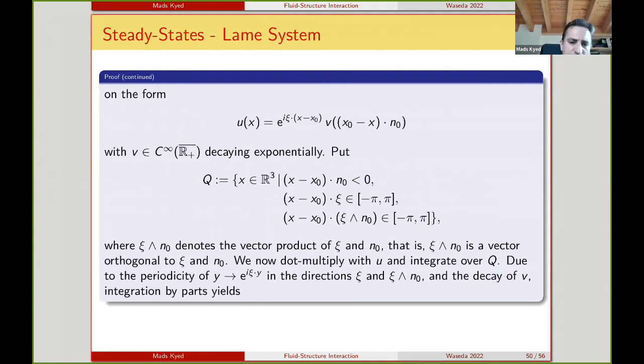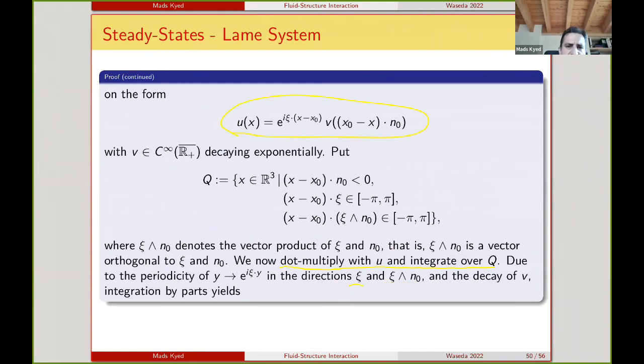Okay. Now I just do normal energy method stuff here. I dot multiply the solution with the equations and integrate over a cube. So now I have constructed the cube so that my solution here is periodic in the tangential directions, right?